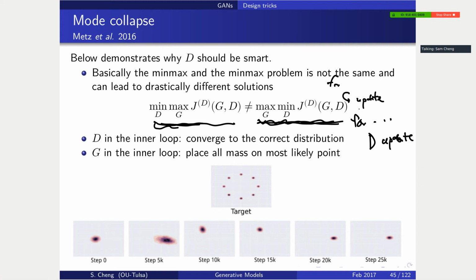And this makes an actual difference when you implement that for GANs. For example, this illustrates that, let's say you have a target distribution like this. This is in the feature space, it's not an image.